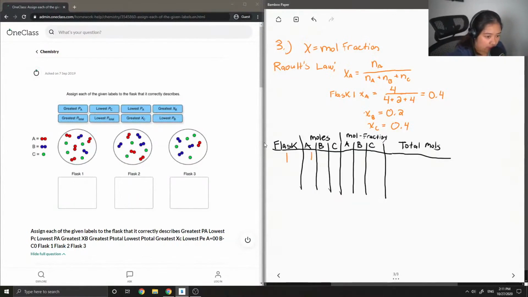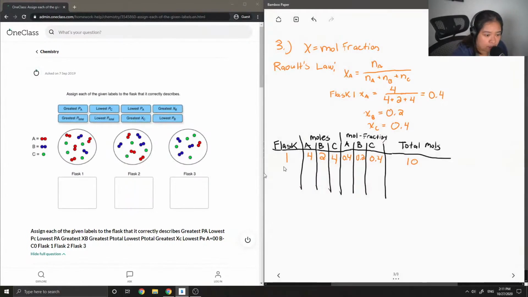I'll fill out my column. There were 4 moles of A, 2 moles of B, 4 moles of C, and then for the mole fraction, I got 0.4, 0.2, and 0.4. So the total moles, just by adding them all together, is 10.